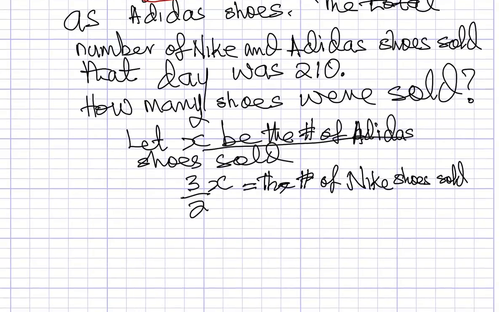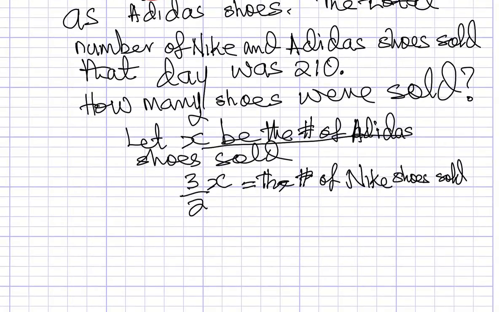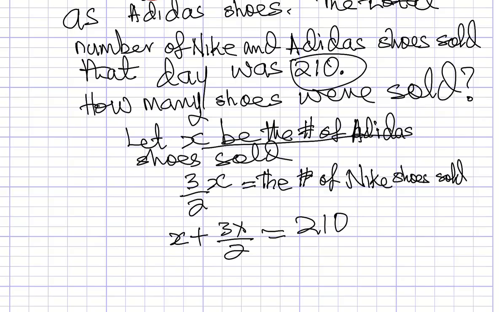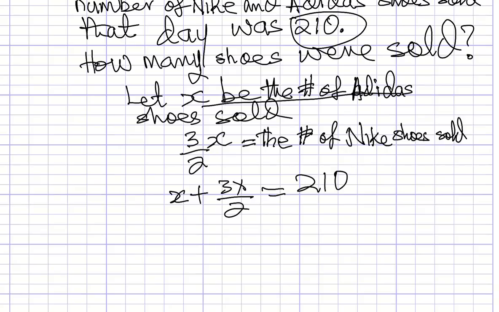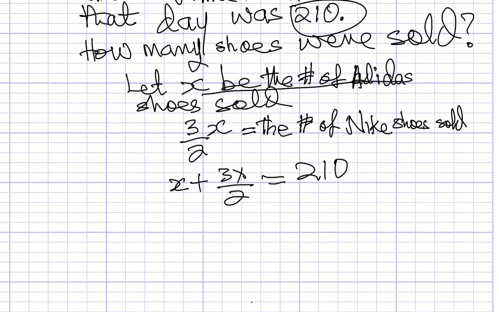So what you do then, you form an equation, like we normally do. Basically, what the problem is saying is x plus 3x/2 equals 210, because that day he sold 210. And then you solve it.